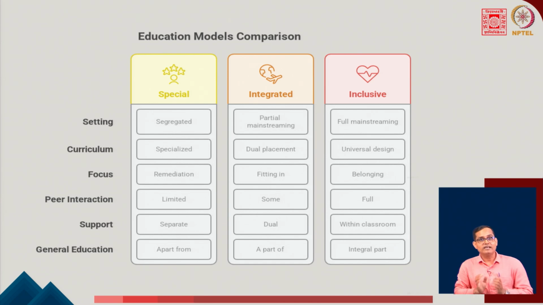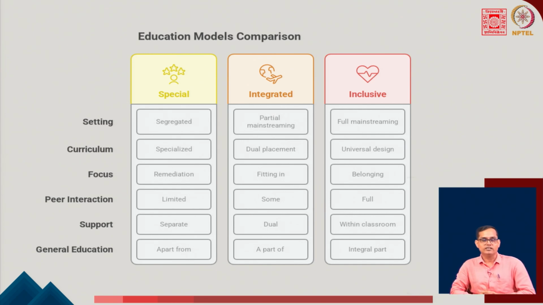As far as peer interaction is concerned, special education has very limited scope for peer interaction, but in integrated education there is some scope for peer interaction, and inclusive education has full scope for peer interaction. As far as support is concerned, there is a separate mechanism for supporting special children under the special education system.